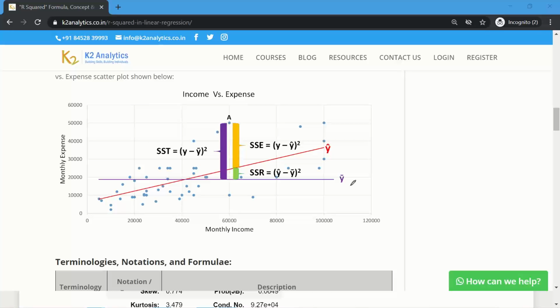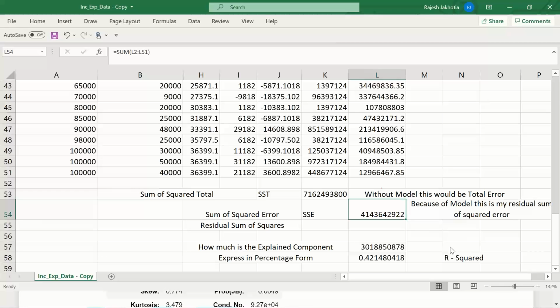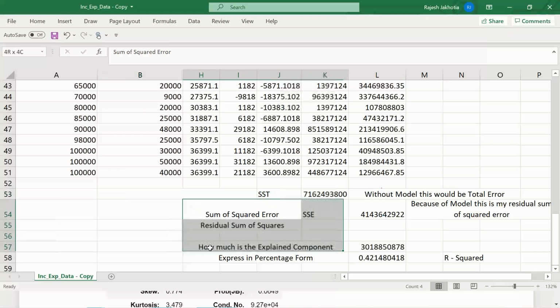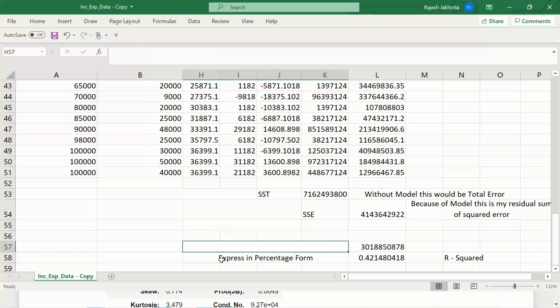The more you are able to explain the dependent phenomena using independent ones, the better is the model, right? And what percentage of the total variance you are able to explain is called R squared. So coming back to the Excel, I can now start writing here. If this is the number, I'll just remove all of these things now so that you don't get confused.